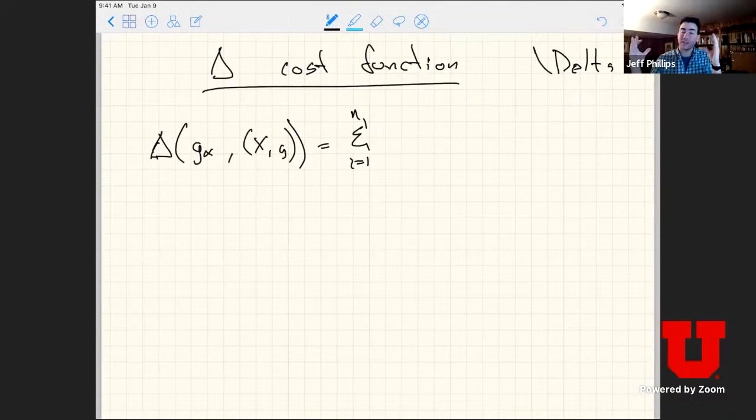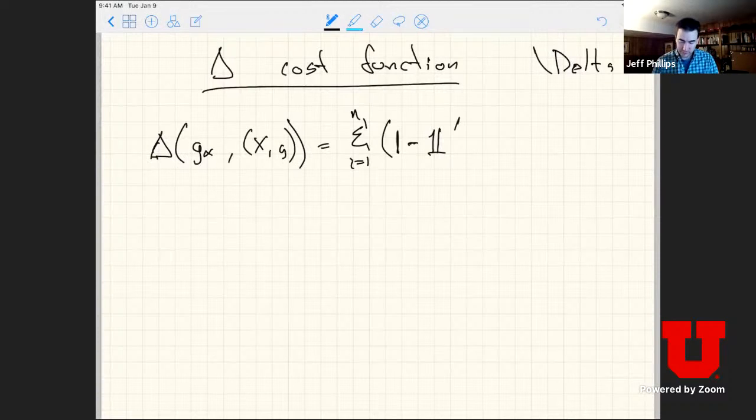I'm going to sum over each of the elements in my data set, each of the data points. And it's going to look like this. So it's going to be 1 minus this function, which I'm going to call the identity function.